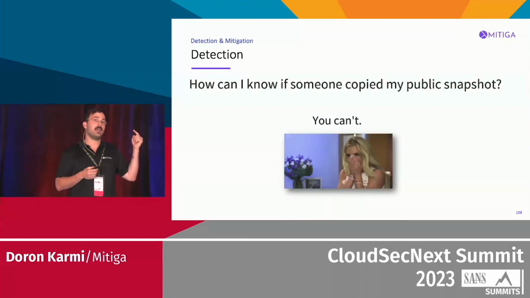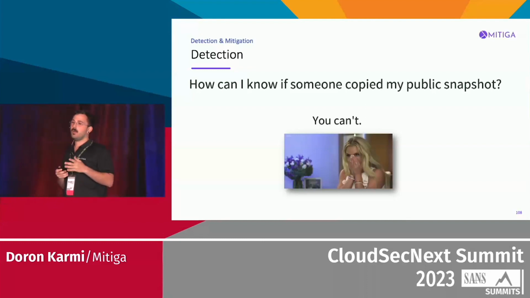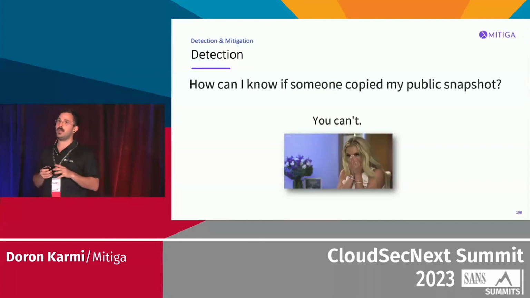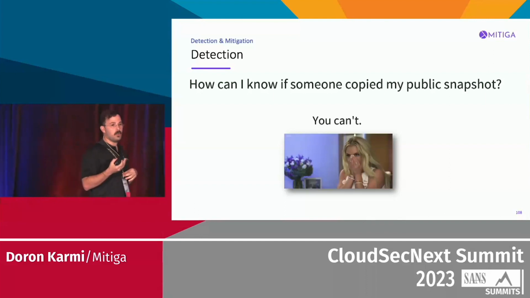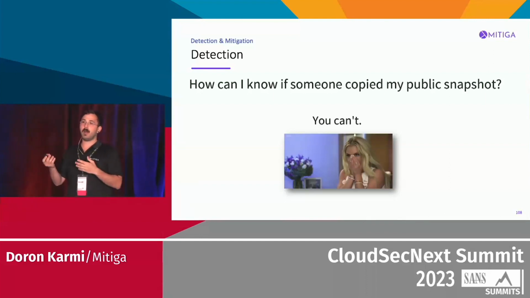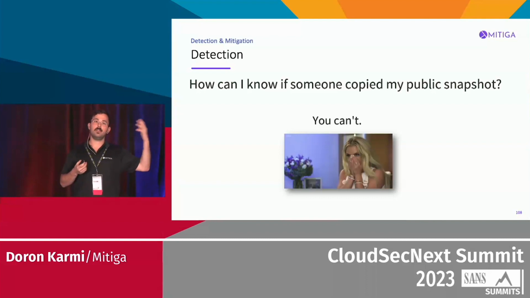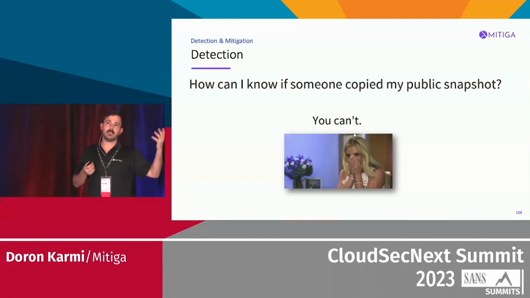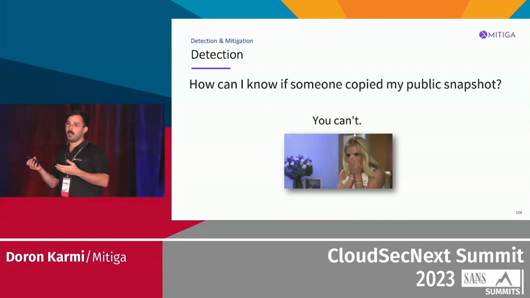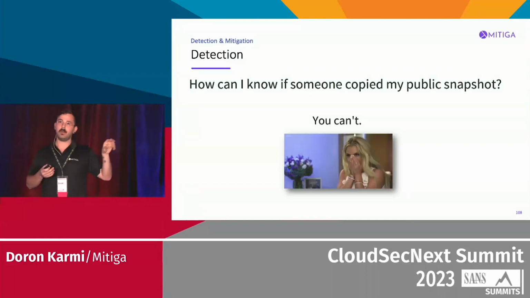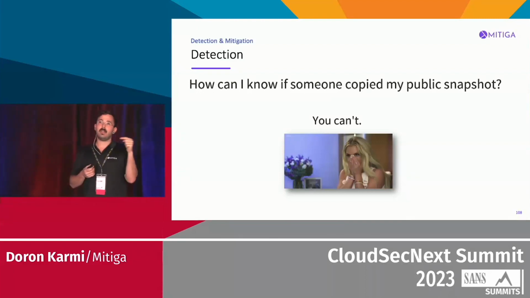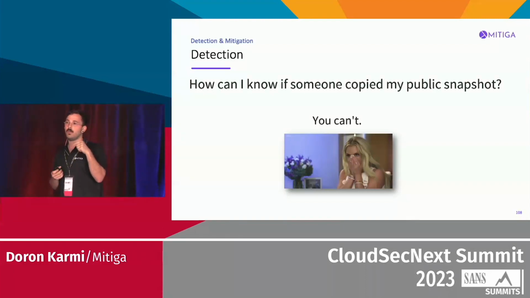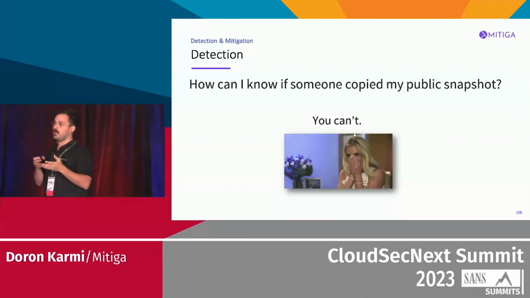But we know that AWS knows that there is a risk here. And why do we know it? Because in other services within AWS, in EC2, for example, if someone publishes an EBS volume snapshot, makes it public, and someone else from an external account does anything to this EBS snapshot, for example, copies this public EBS to their account, or creates a volume out of it and attaches it to a machine, you will get in your CloudTrail, as the owner of this resource, an event that says someone did this.